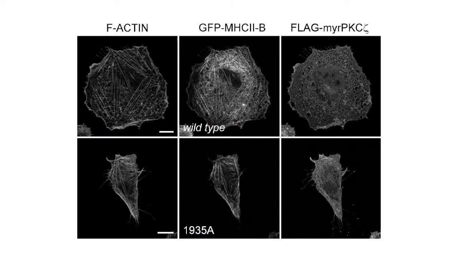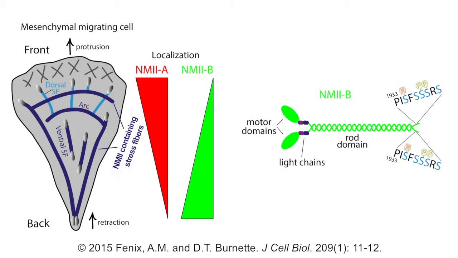That loss of polarity was corrected by a non-phosphorylatable 1935 mutant, consistent with 1935 being the most important residue in the regulation of the stability of myosin II-B in the bundles. Thus, as long as it isn't phosphorylated at position 1935, this serine-rich cluster in the heavy chain of myosin II-B promotes the assembly of stable bundles that define the non-protrusive rear of migrating mesenchymal cells.